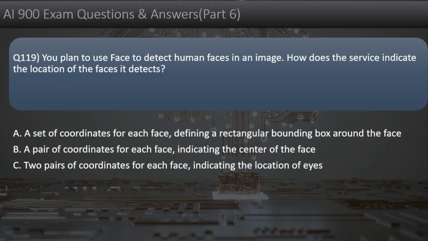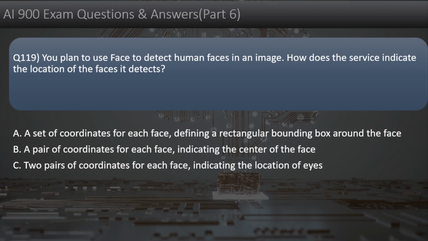You plan to use face to detect human faces in an image. How does the service indicate the location of the faces it detects? Option A, a set of coordinates for each face defining a rectangular bounding box around the face.